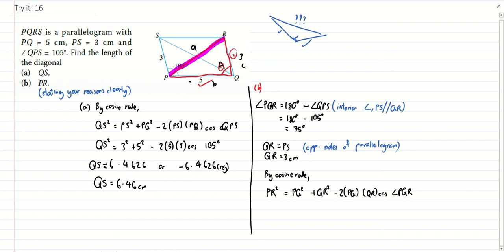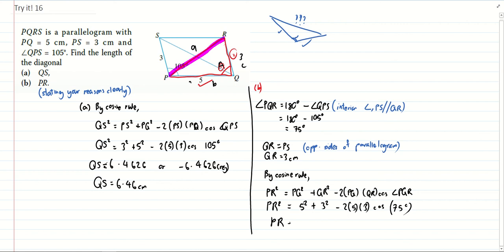So I have PR squared equals 5 squared plus 3 squared minus 2(5)(3) cosine 75 degrees.